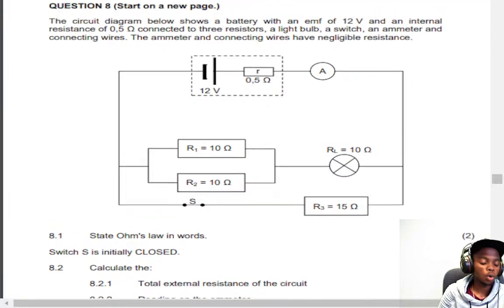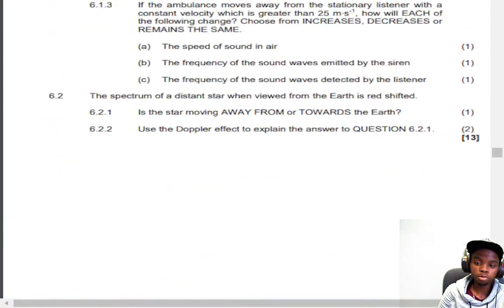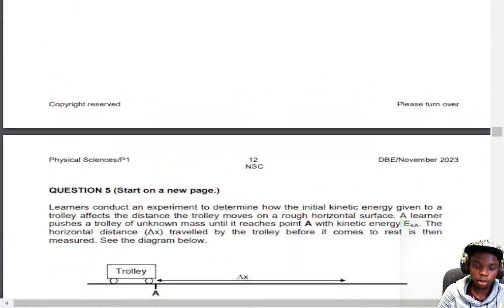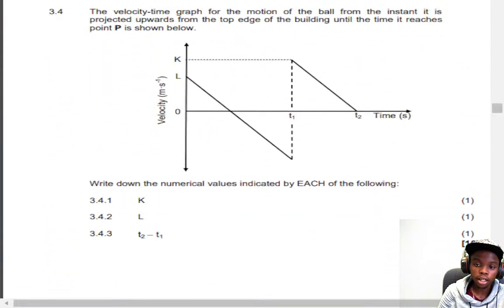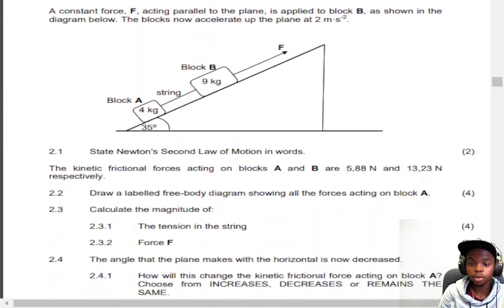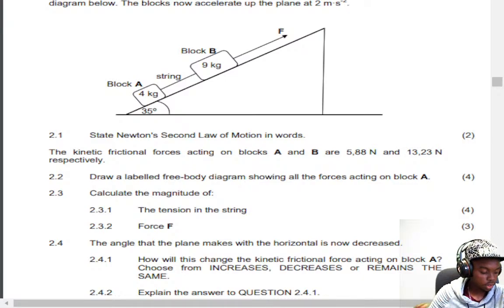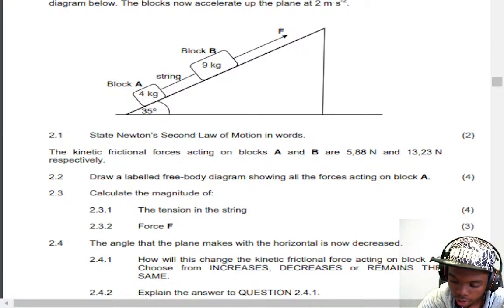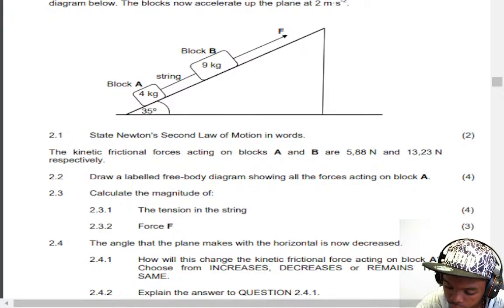So now, when you've written all the formulas, remember, we haven't even substituted. Out of all these questions, if you take all the formulas in this question paper, you get approximately 17 marks.